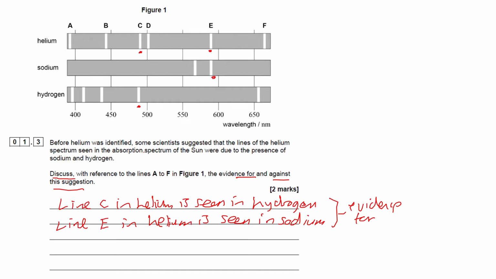But there is a line that isn't in either one, and that's line D. So line D here doesn't appear in either sodium or hydrogen. So line D in helium does not appear in sodium or hydrogen.